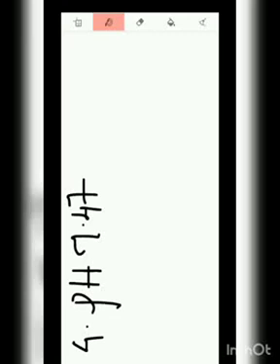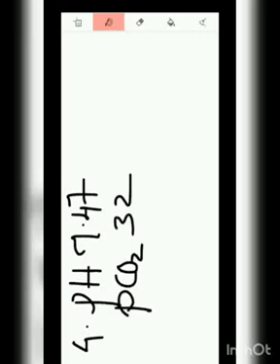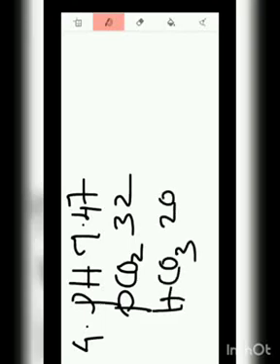The pH value is 7.47. Yes. Then PCO2, its value is 32. Then bicarbonate is 20. Identify the pH, it is elevated. Elevated means what?